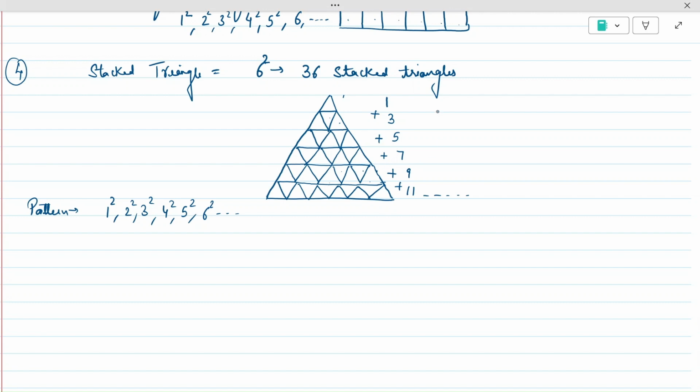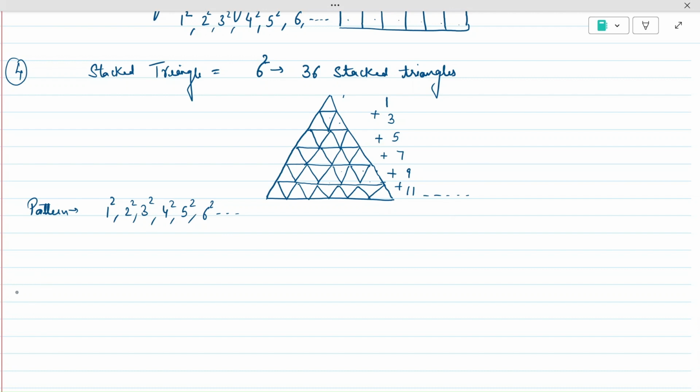When we add the odd numbers up, we get a pattern of square numbers, right? Here we are adding up the odd numbers, and in the output we are getting a pattern of squares.